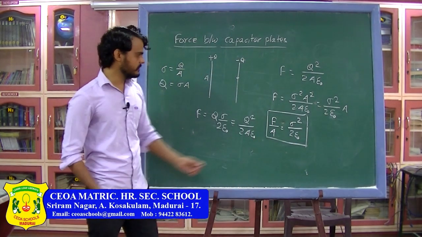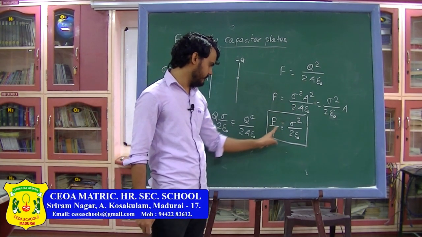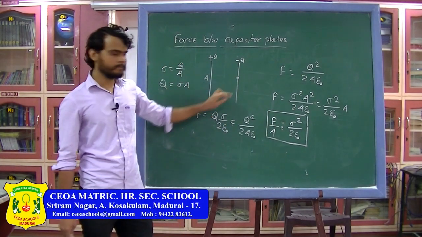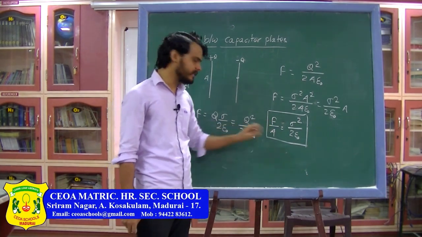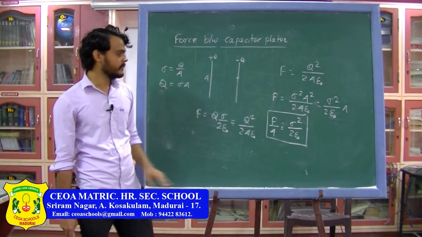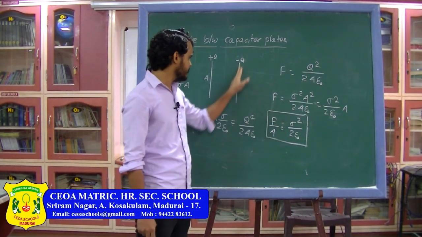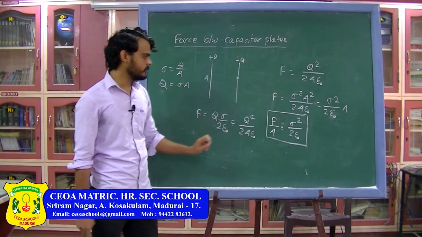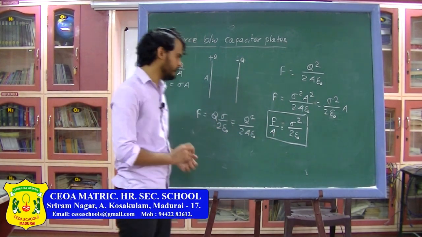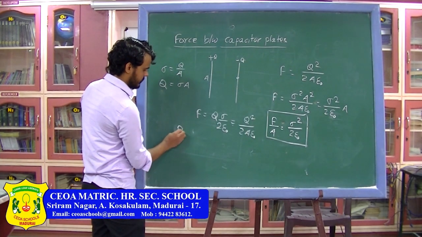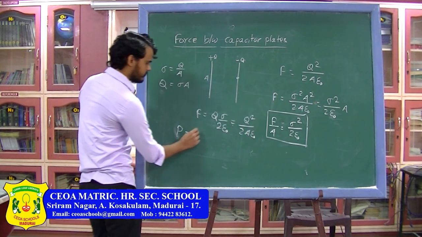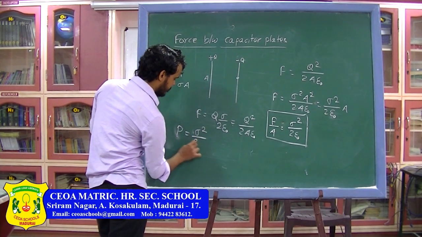Now this F is the force experienced by this plate and A is the area of this plate, and force divided by area is also called pressure. This pressure is experienced by this plate, so it is called electrostatic pressure. So we have one more formula, electrostatic pressure, which is sigma square divided by 2 epsilon naught.